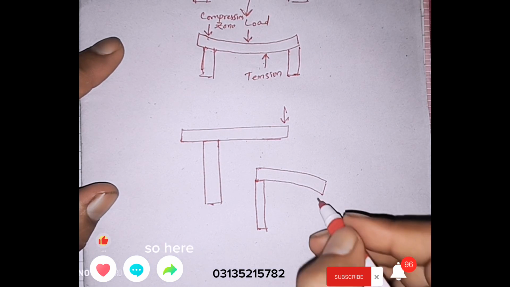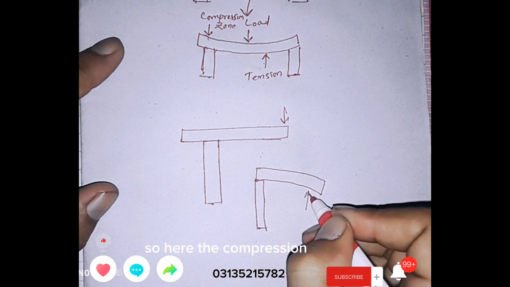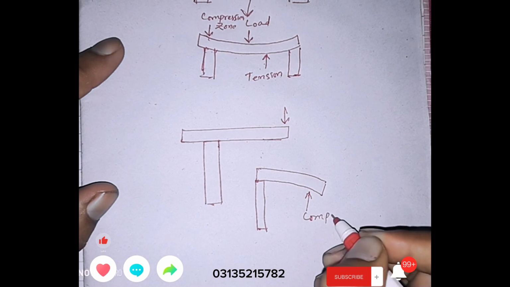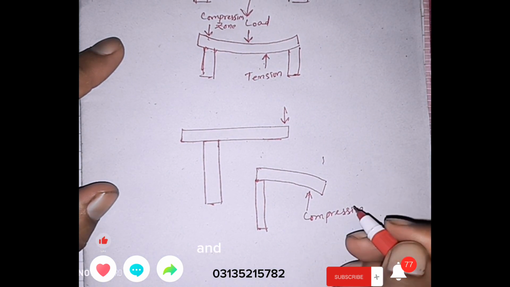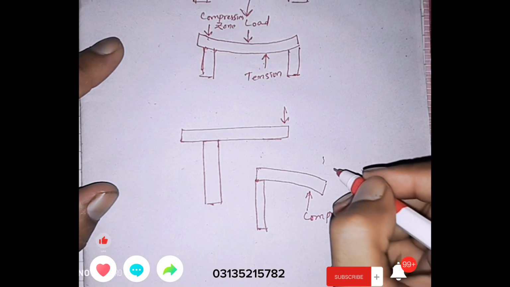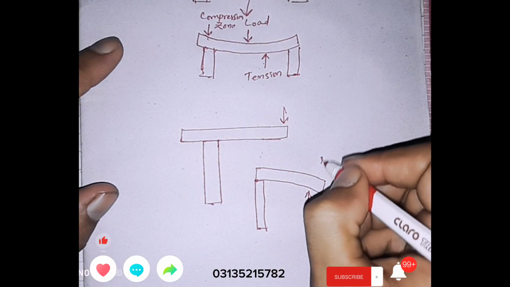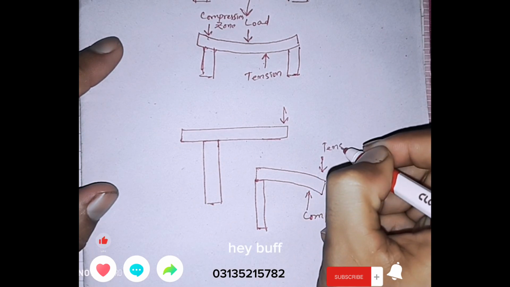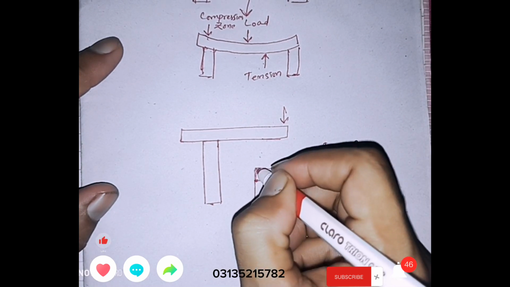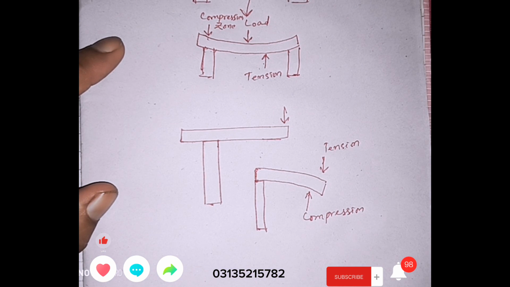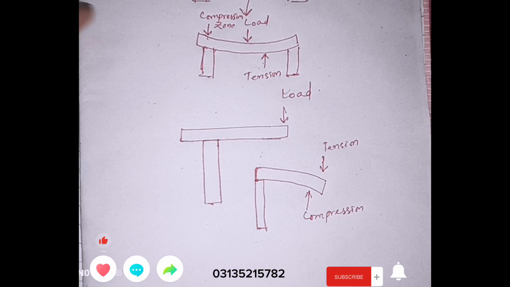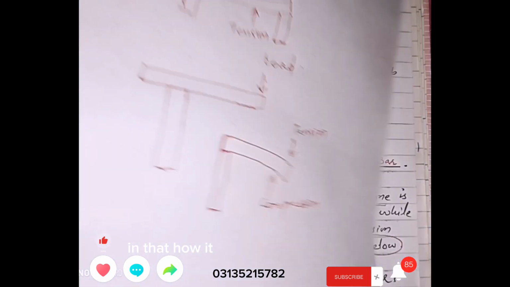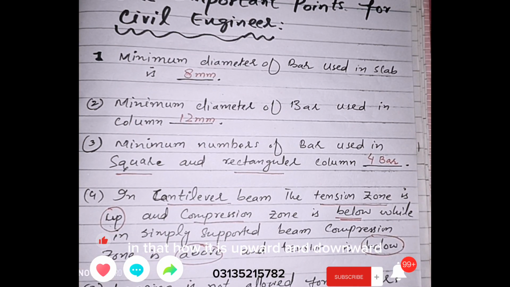So here the compression is below and the tension is above when the load is applied. Here is all about the cantilever and the simply supported beam, how it is upward and downward.